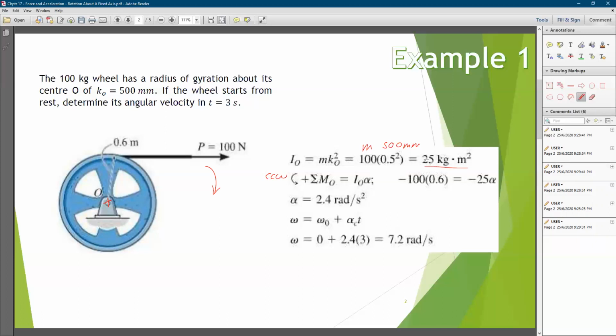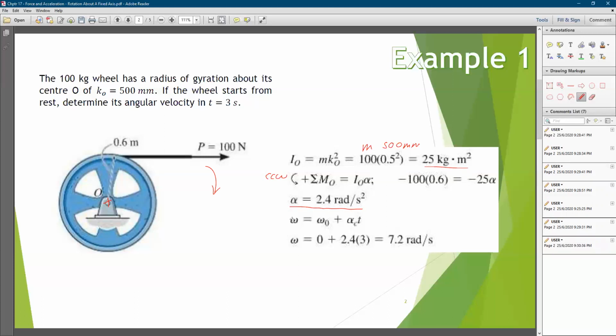Here we have already calculated the mass moment of inertia of the wheel, which is 25, and alpha is the one that we want to determine, and therefore we get our alpha.